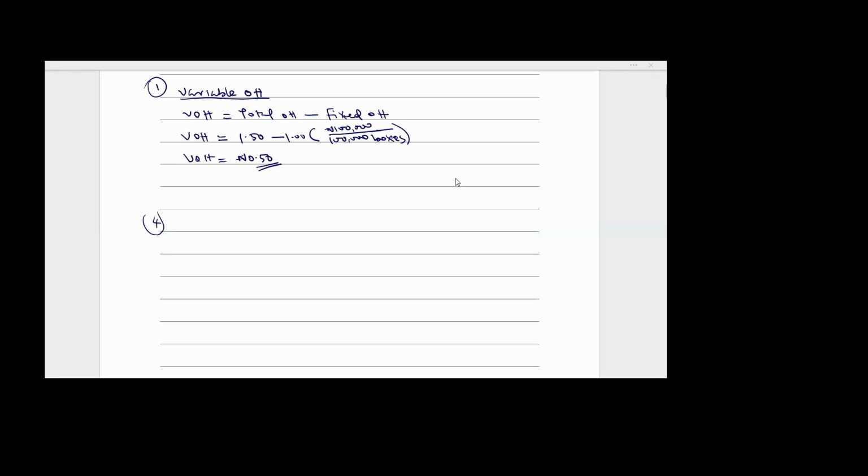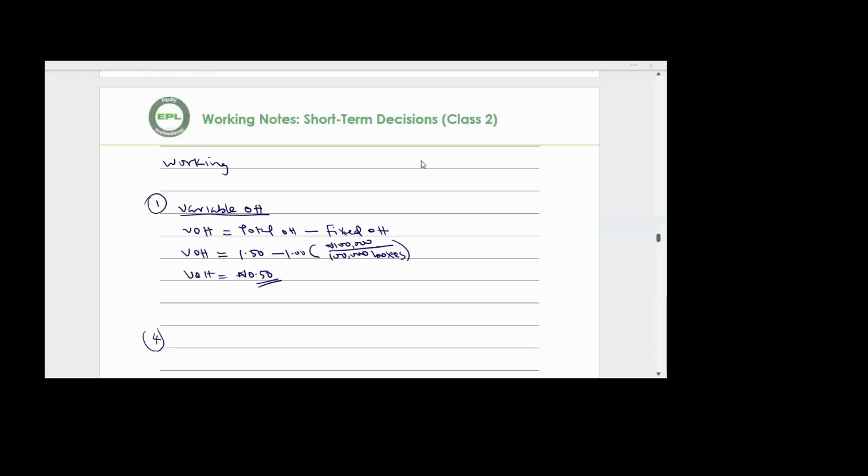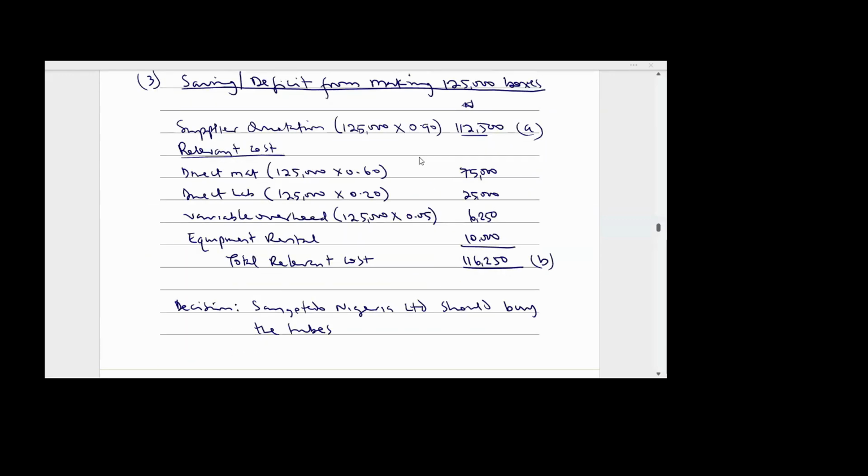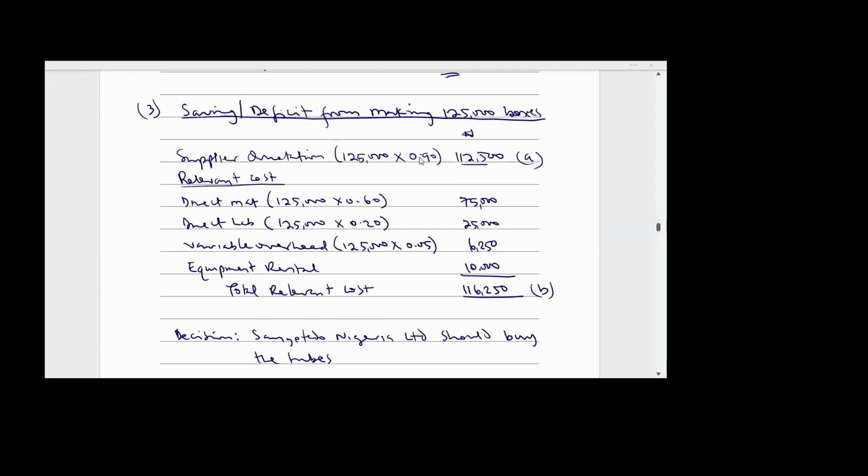So in this case, we have three options in front of us. Option number one is for the company to make the entire 125,000 boxes at 116,250, because the examiner is referring to requirement number 3.